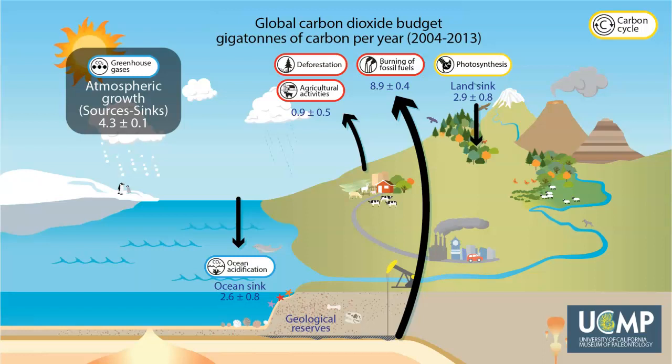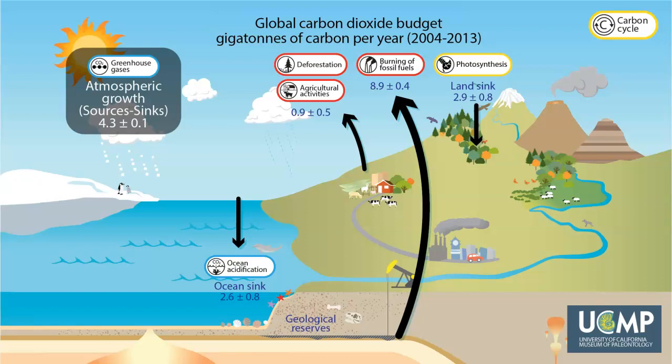Elements cycle through the Earth system through various human and non-human processes. This diagram shows some parts of the carbon cycle, including some of the ways carbon dioxide moves among the four spheres. Human activities, such as the burning of fossil fuels from geologic reserves, deforestation, and agriculture, contribute carbon dioxide to the atmosphere. Carbon dioxide is also absorbed in a variety of ways, including by the ocean and photosynthesizing plants.